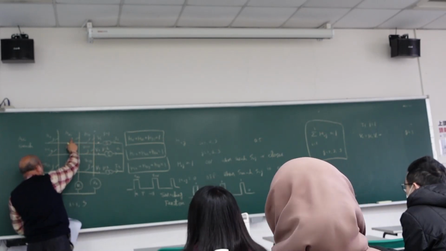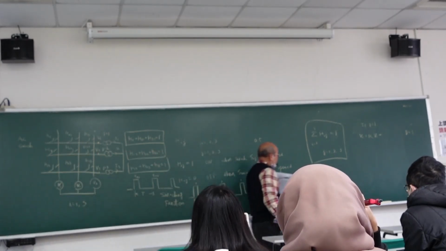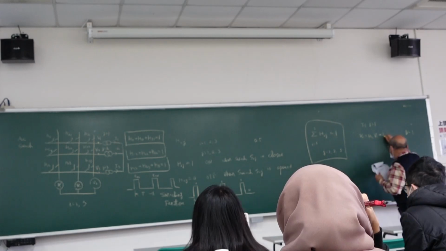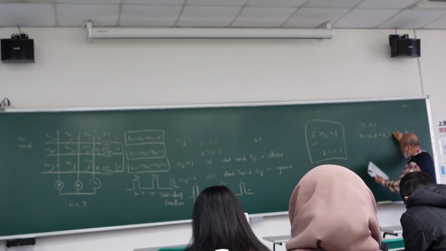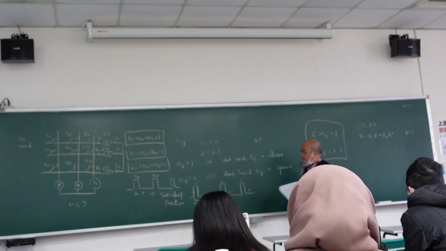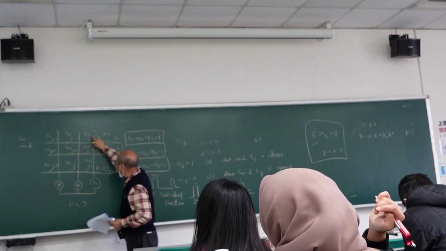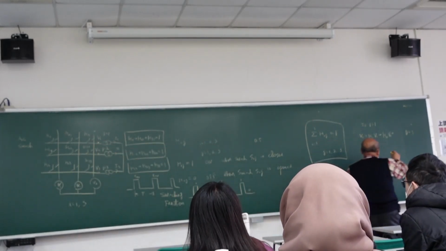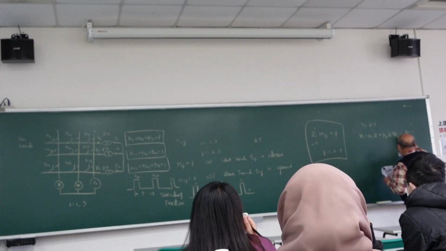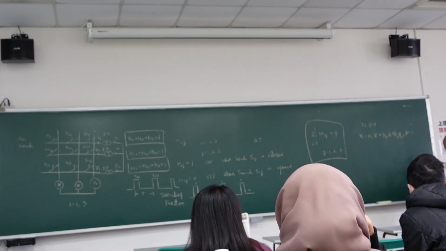It is equal to H21 V2. If this turns on and these two turn off, then H31 V3. So this is j equal to what?